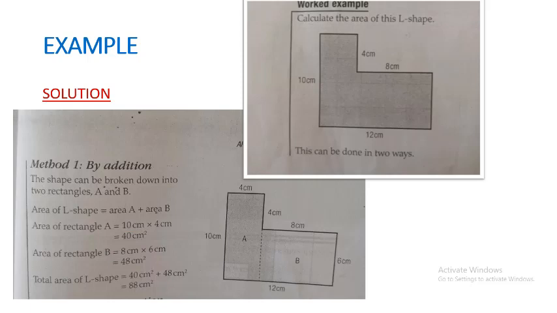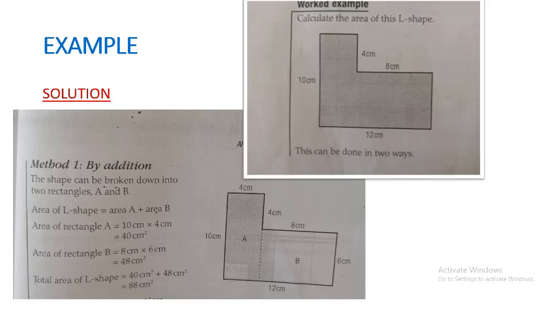Now let us find the area of rectangle B. Shape B is also a rectangle. That means we are going to use its formula, that is length times width. The area of rectangle B is equal to length times width.